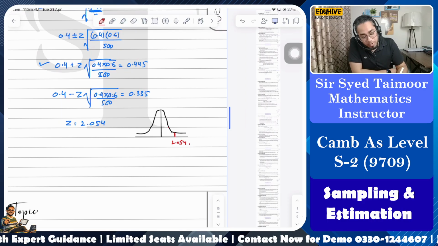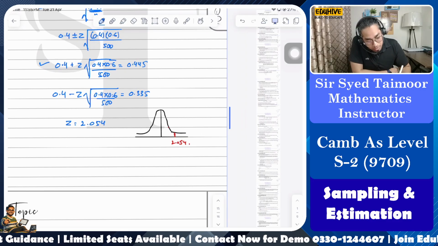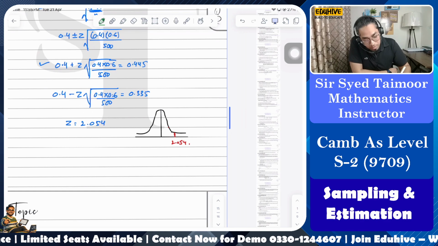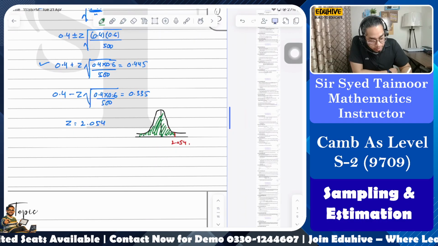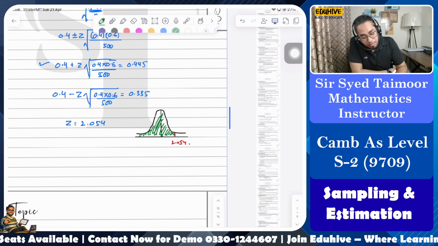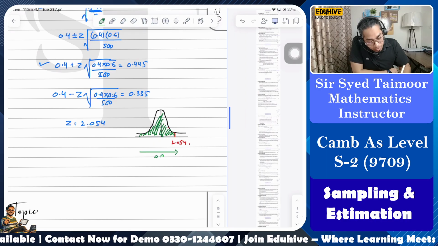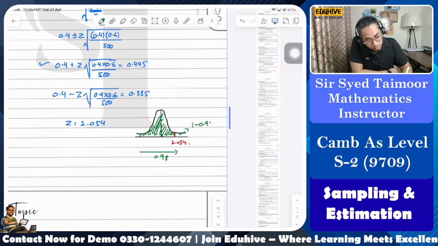In the table it's 0.98, so it means this whole portion is exactly 0.98. So from this part it's 0.98, and I need this one. This one will be 1 minus 0.98.